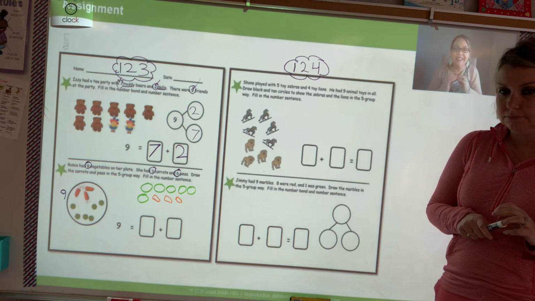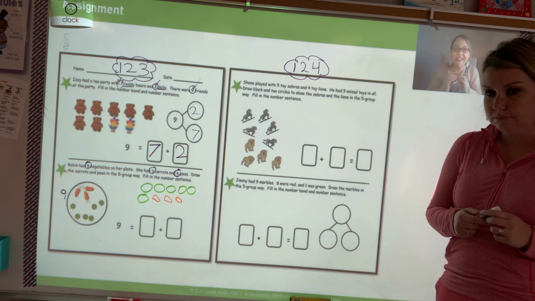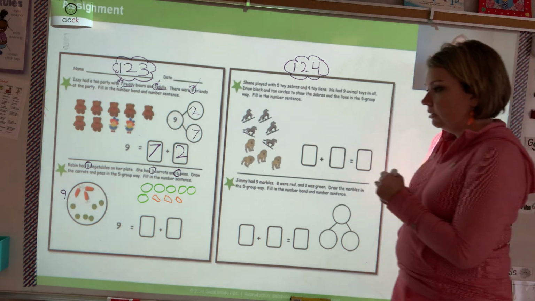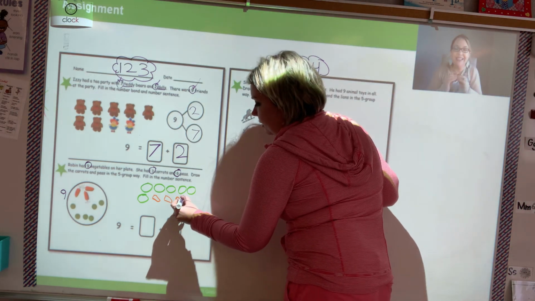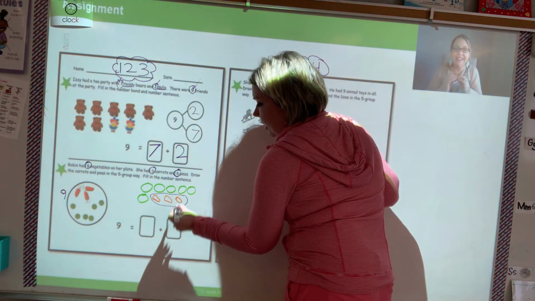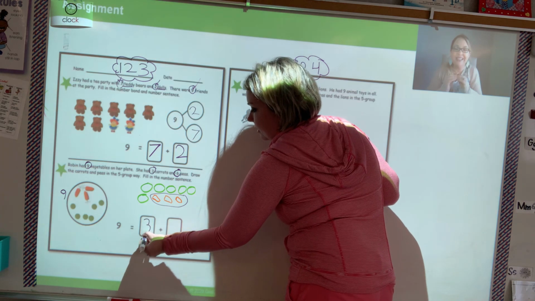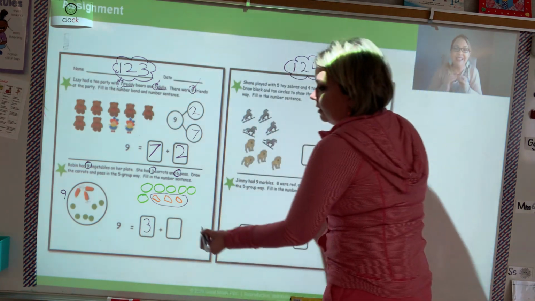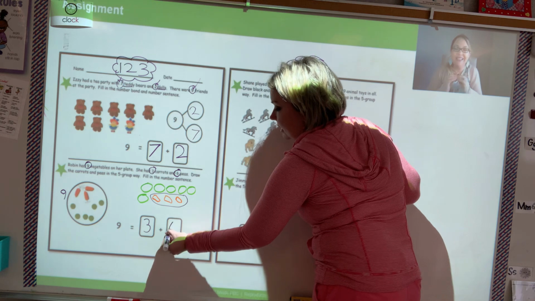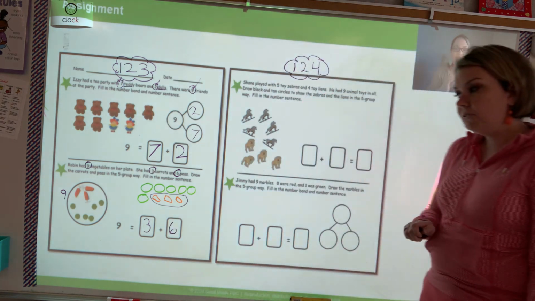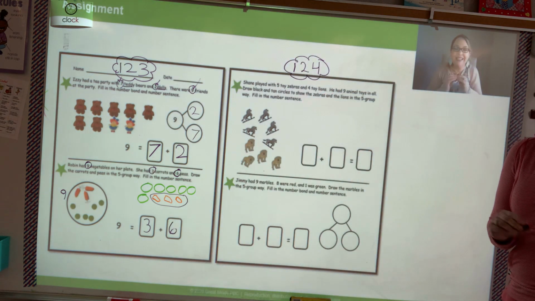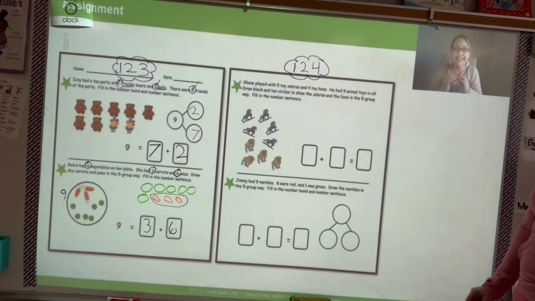The 3 in front and the 6 in the back. Okay, so I could look at my 2 groups. I have 3 carrots. In the other group, I have our 6 peas. So 3 and 6. Or you could have done 6 and 3.